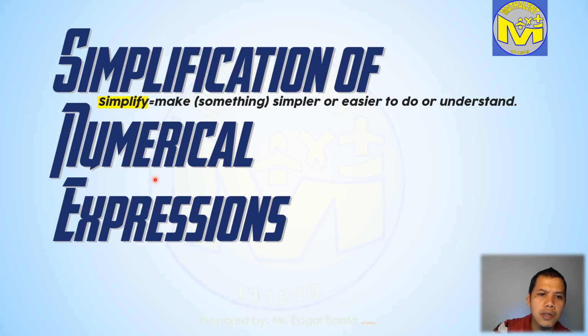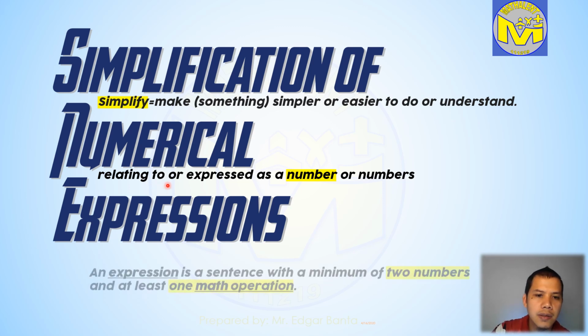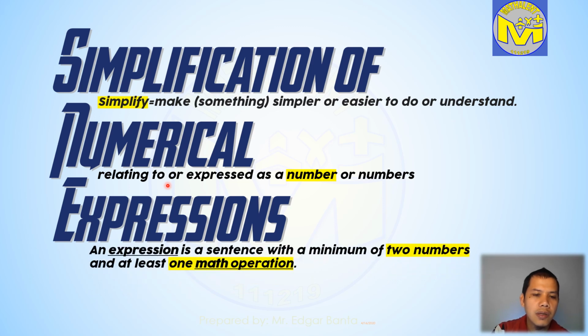Next word is numerical. Numerical means relating to or expressed as a number or numbers. In short, numeric or numerical refers to a number. Then expressions.